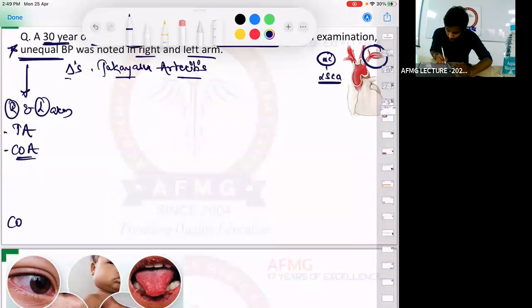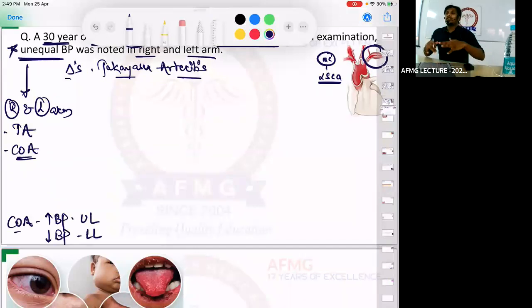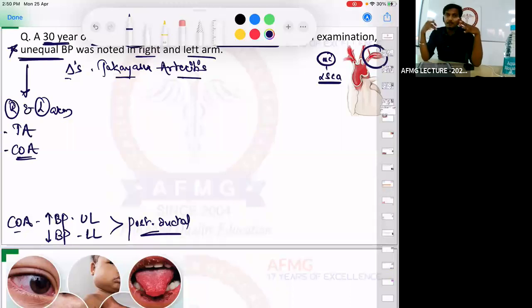In coarctation of aorta, there is usually increased blood pressure in the upper limbs and decreased blood pressure in the lower limbs, so unequal blood pressure in upper and lower limbs is seen. This is usually seen in the post-ductal variety.